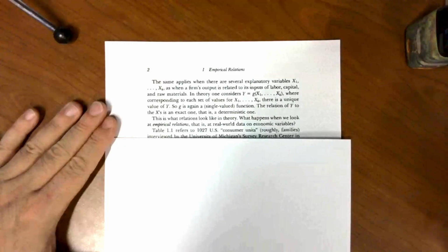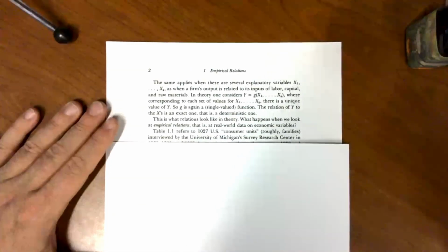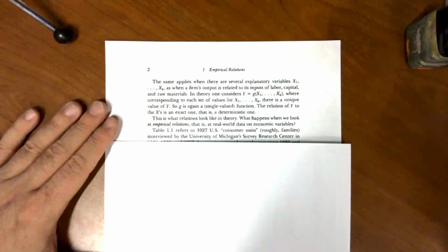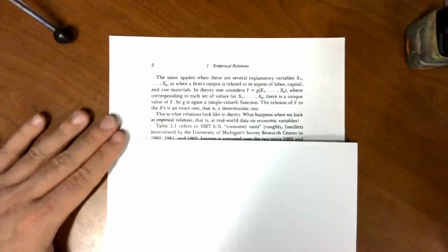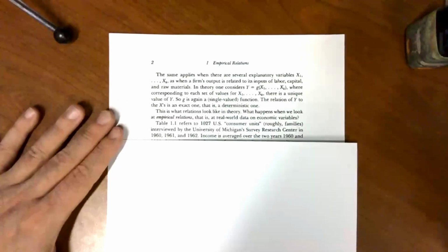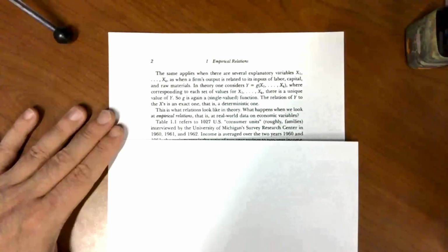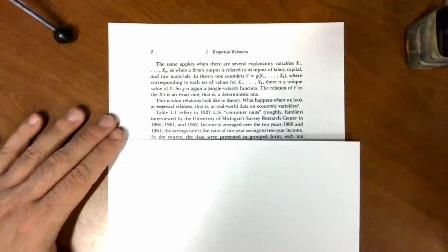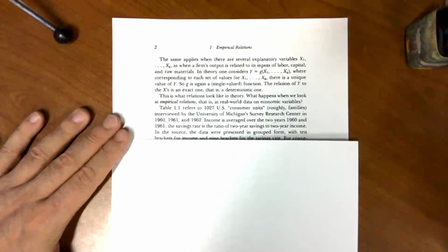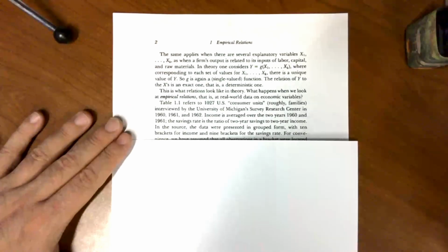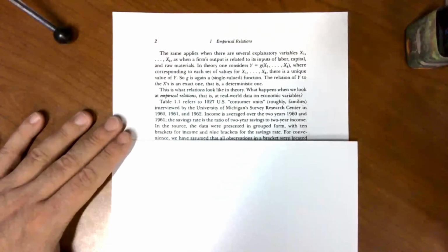We're going to see a table like the one that I just showed you, but with actual data, referring to a little bit more than 1,000 families that were interviewed by the University of Michigan Survey Research Center for particular years in the 1960s. It records information about average income across 2 years and the savings rate, which is the proportion, the ratio of the family savings to the income.